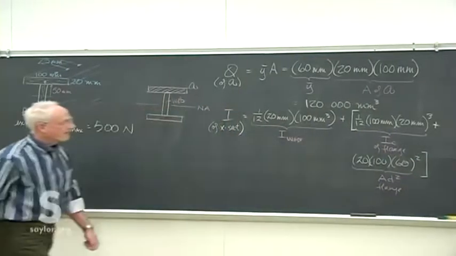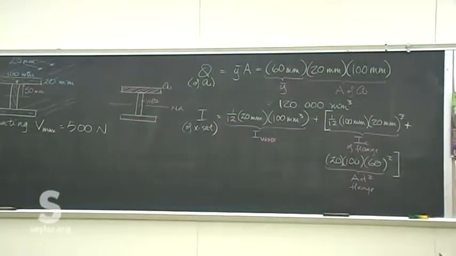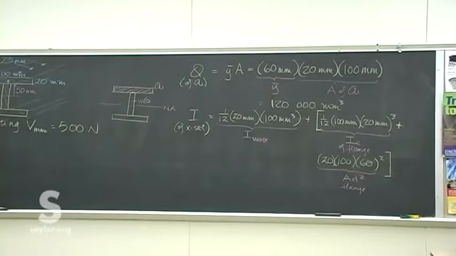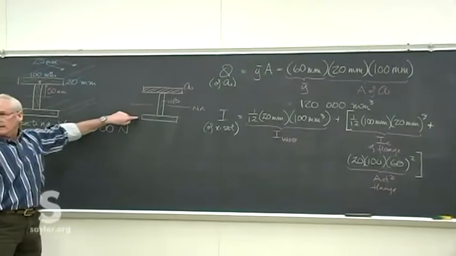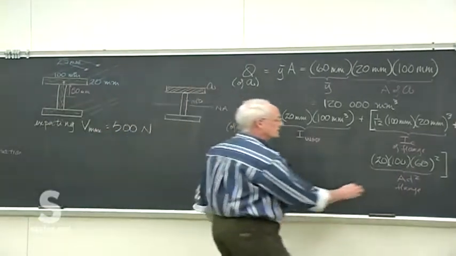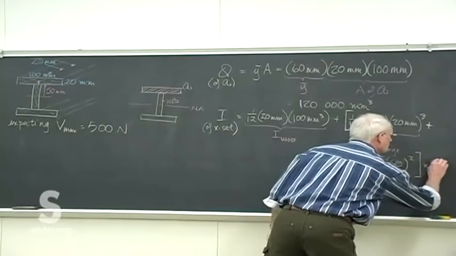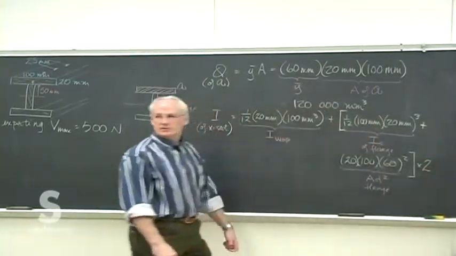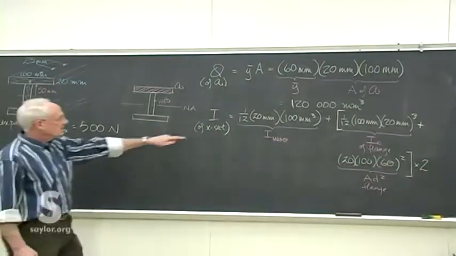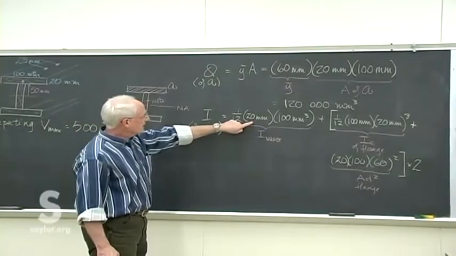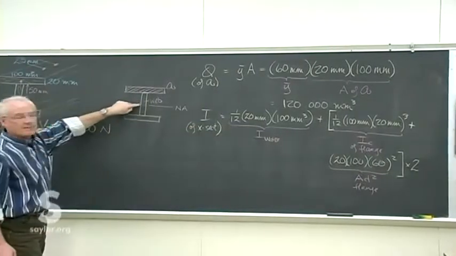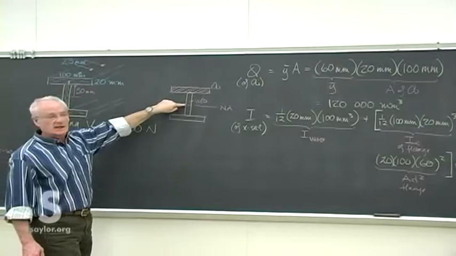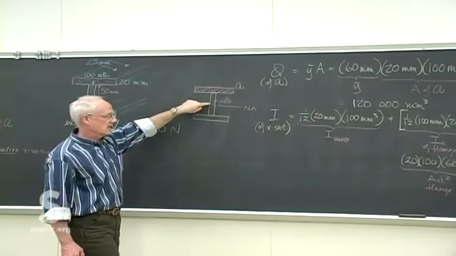Except there's 2 of them, so we just multiply that square bracket by 2. There's 2 flanges. So there's the moment of inertia of the web, which happens to sit right on the neutral axis anyway, so we don't need the parallel axis theorem on that.